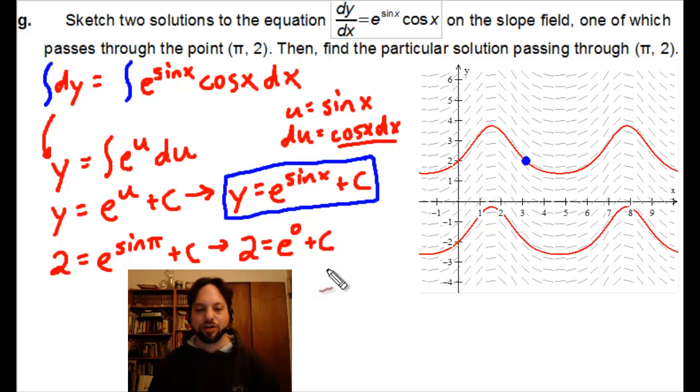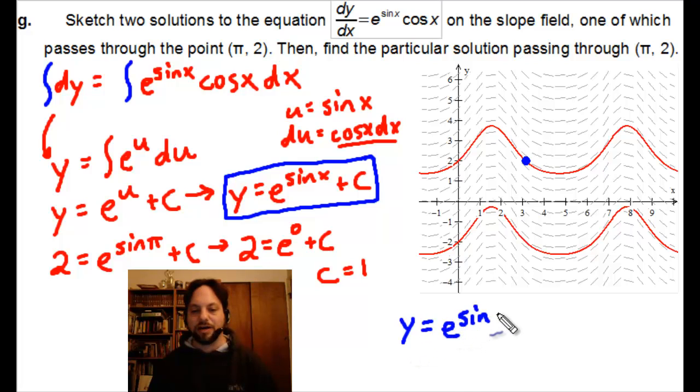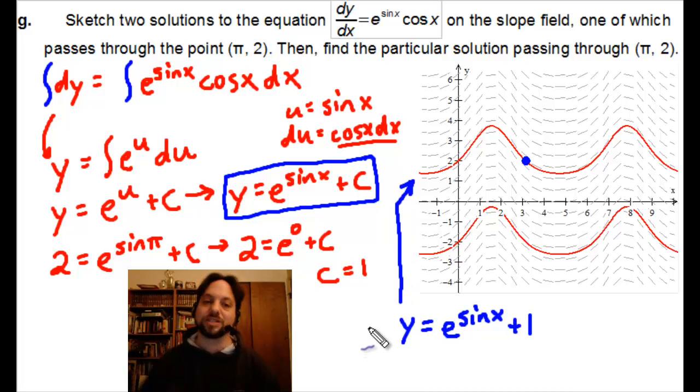And if you work that out a little bit, you'll find that c must equal 1 then. So our particular solution to this problem is going to simply say y equals e^(sin x) plus 1. And that is the graph that we have going on right here, the one that passes through the point. And so everything came up roses.